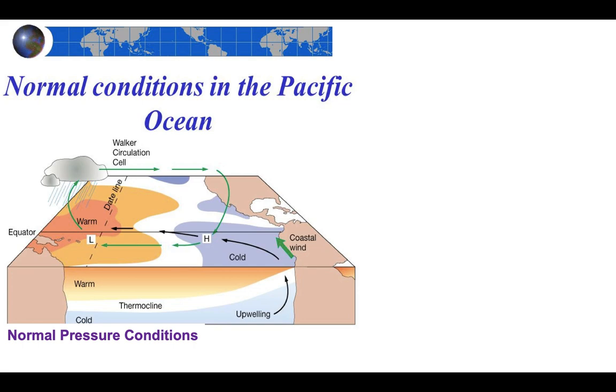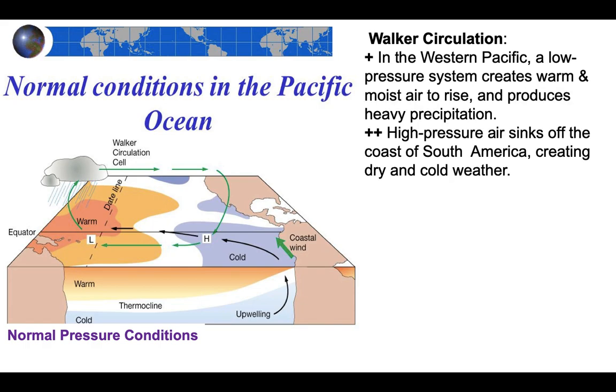Normally, we have a low pressure system sitting near the northeastern part of Australia, near Papua New Guinea. And on the east side of the Pacific Ocean, near the equatorial zone, we have a high pressure system in the atmosphere, creating a cold system off the coast of South America. When you have warm air in the west, to the north of Australia and Papua New Guinea, this low pressure system dumps lots of rain, and the precipitation rate becomes very high.